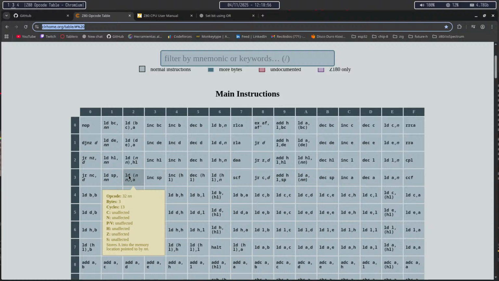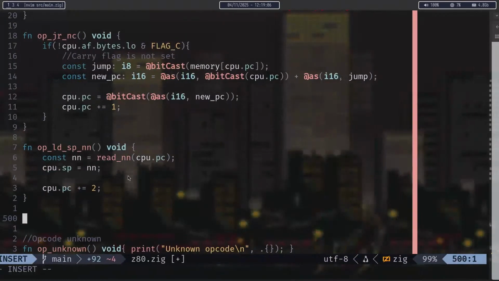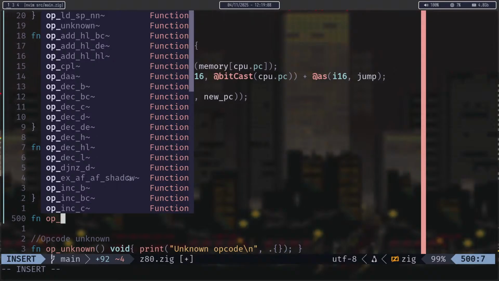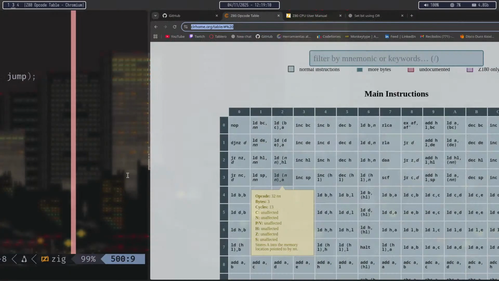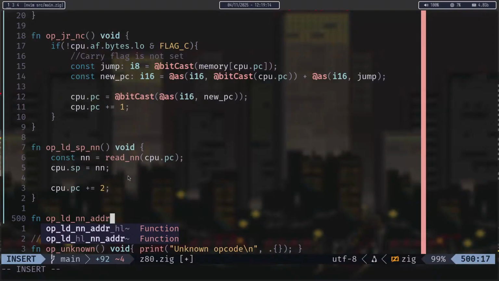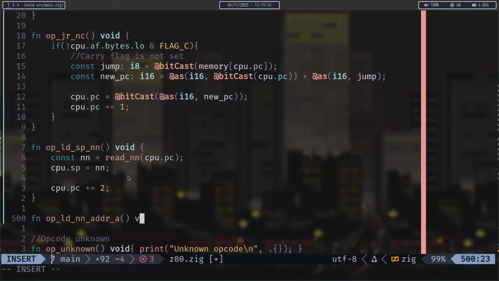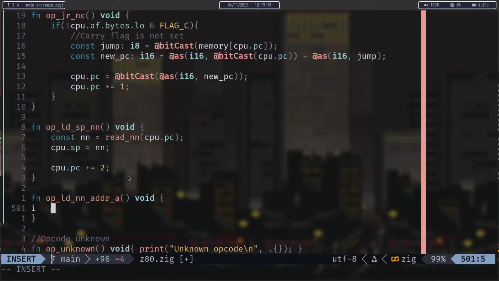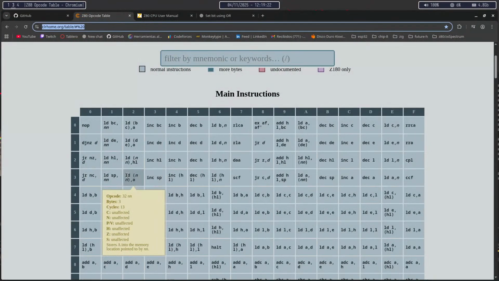Right. So LD NN A stores A into the memory location pointed to by NN. Alright. Sounds reasonable enough. So load NN address A. So I have to store A into the memory location pointed to by NN.